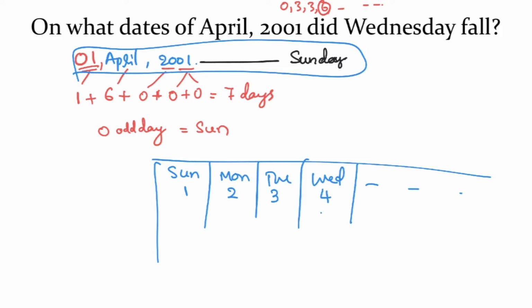Next Wednesday 4 plus 7, 11. Next Wednesday 11 plus 7, 18. Next Wednesday 18 plus 7, 25. Next Wednesday 25 plus 7, 32 cannot be the answer. So only on 4th, 11th, 18th, 25th Wednesday was falling.